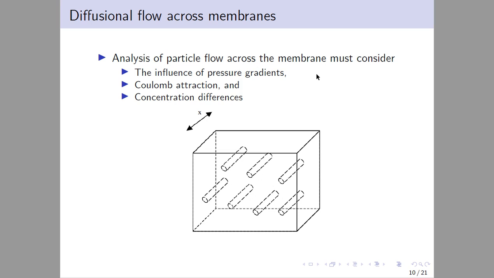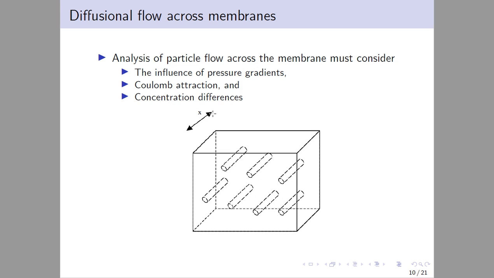Analysis of particle flow or molecule flow across the membrane must consider the influence of the pressure gradient. From the high pressure to the low pressure, the movement, Coulomb interaction.